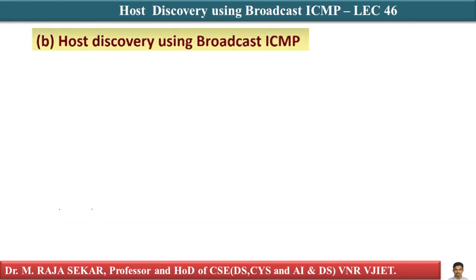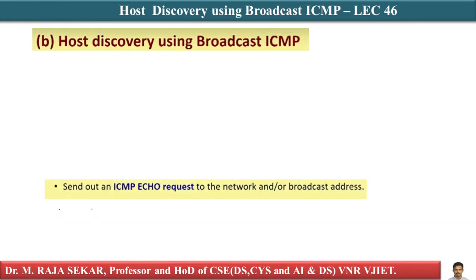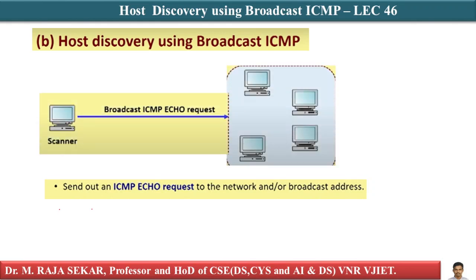We send out an ICMP echo request packet, but not to a single machine, but to a broadcast address, which means the request is going to a set of machines together, isn't it? So when the reply comes back, all of these machines will be sending the replies together.